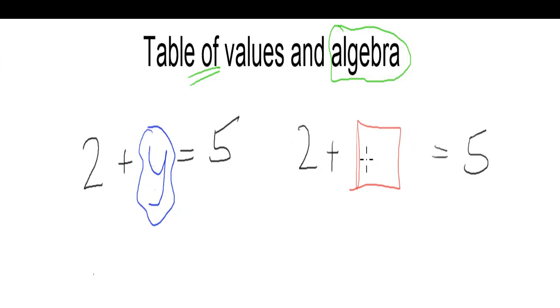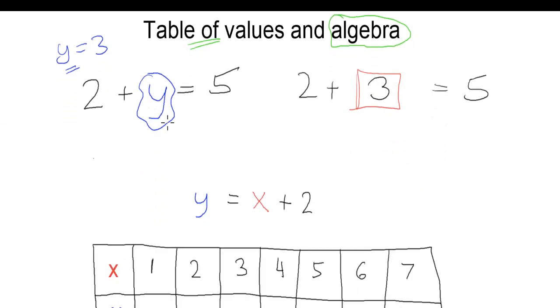We would know 2 plus what equals 5, in this case 2 plus 3 equals 5, so the box would be 3. It works the same way here: 2 plus y equals 5, so what is y? Well, 2 plus 3 equals 5, so y equals 3. That's just substituting, or finding out what value a pronumeral has.